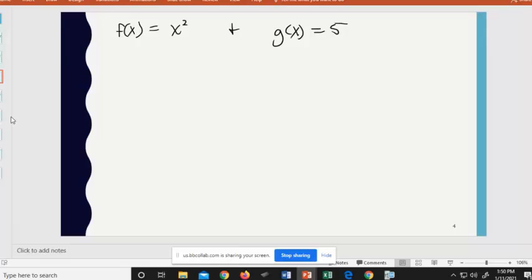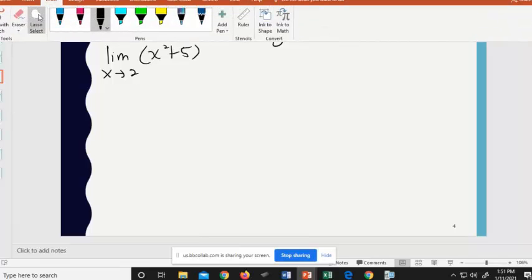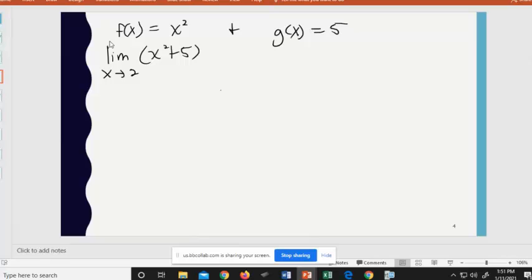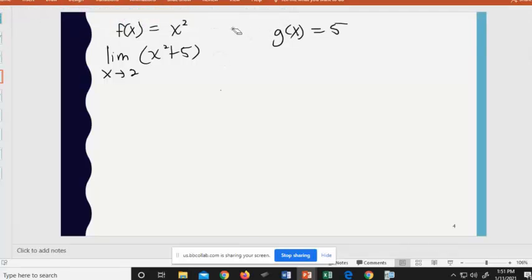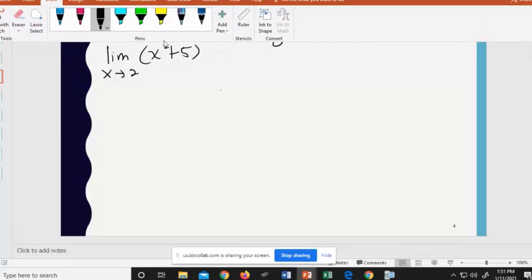Why don't we say we're trying to find the limit of x squared plus 5 as x approaches 2. Sorry, it's a plus. My ands and my pluses look kind of alike. Let me try to make it look better.